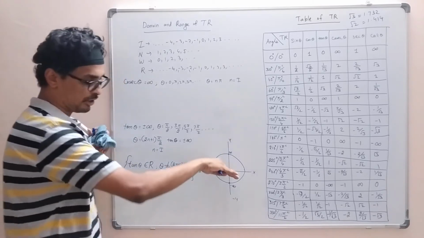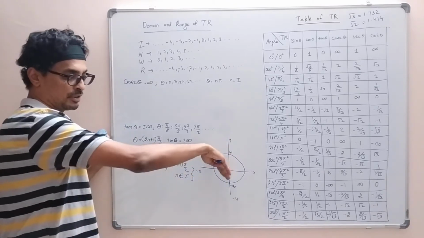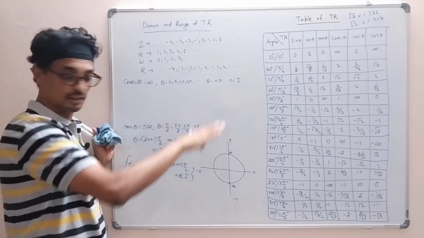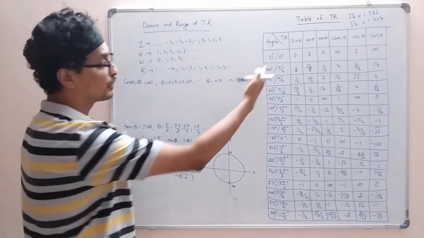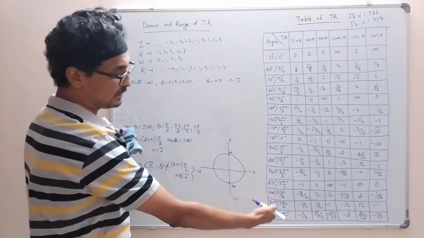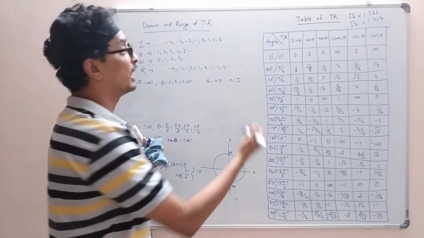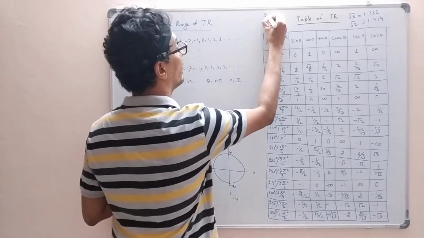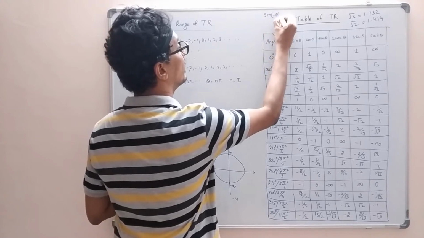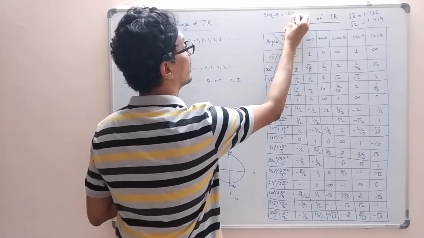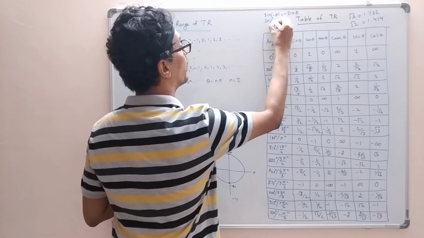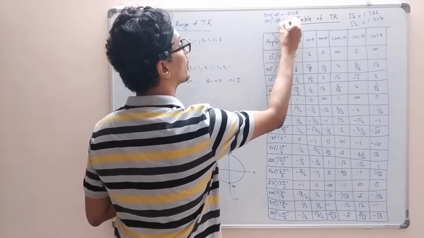For negative angles it is the same case. Whatever we write for the positive angle will be negative. Here, in the table, what we have done is for the positive angles. For negative angles we know the formulas, right? Sine of minus theta equals minus sine theta, and cos of minus theta equals cos theta.